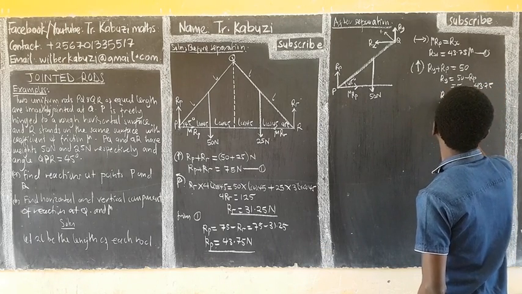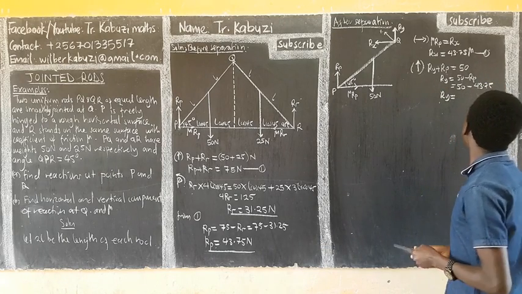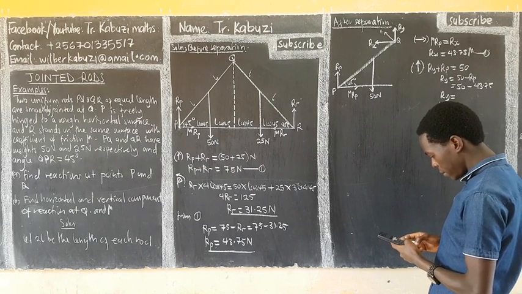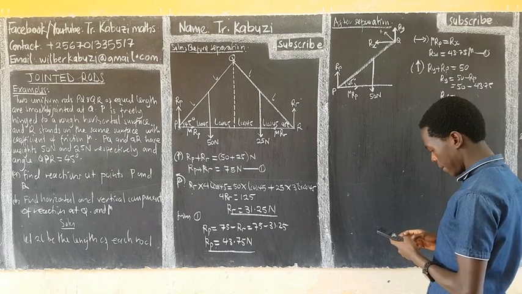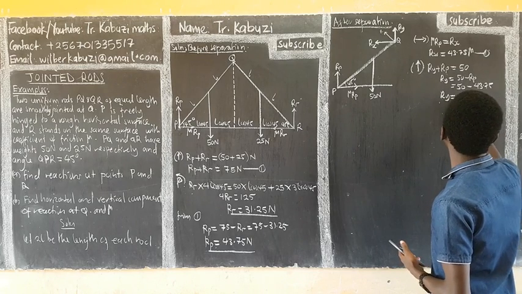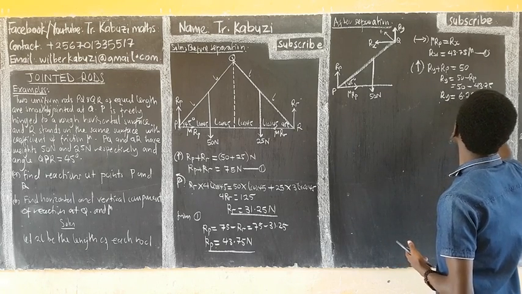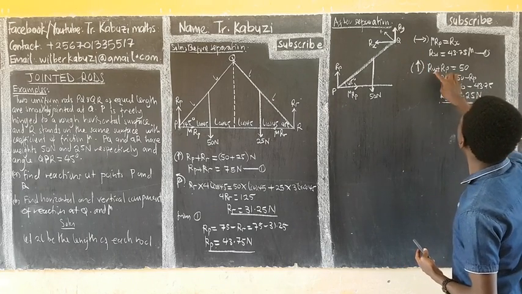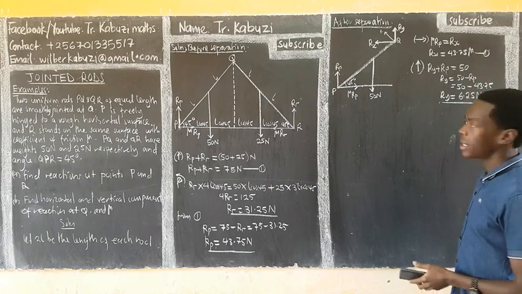So from here my vertical component is 6.25 newtons. So this is the resultant component here. If we add this plus this, we shall get 50.